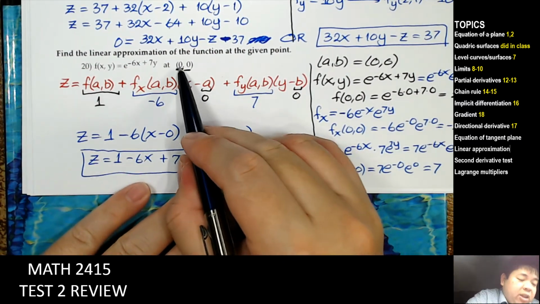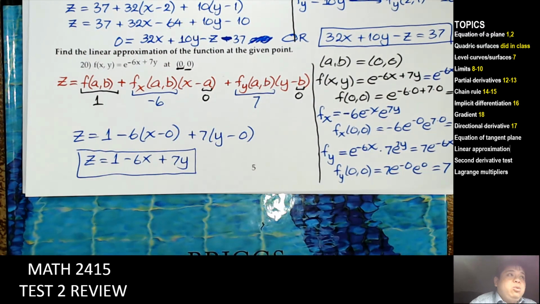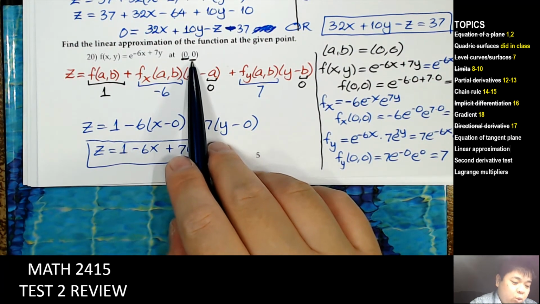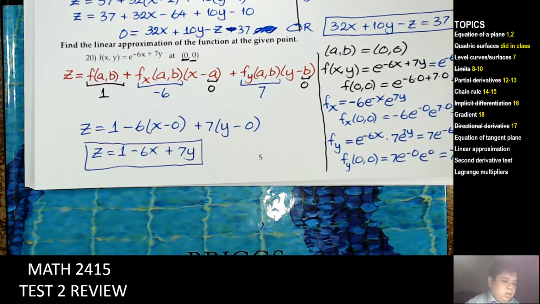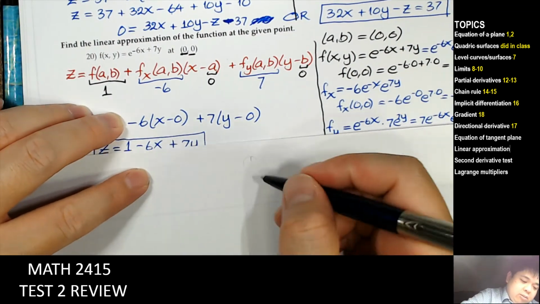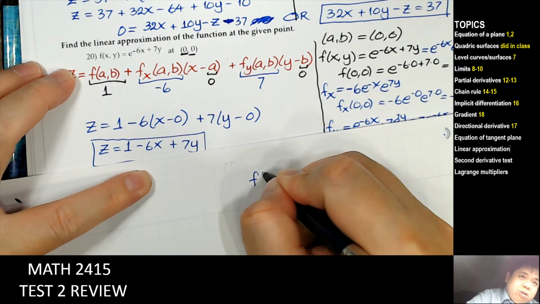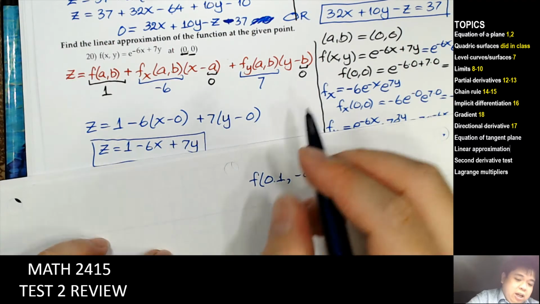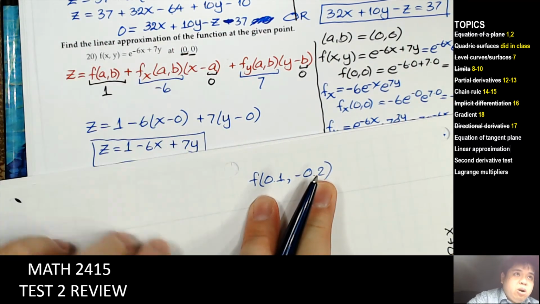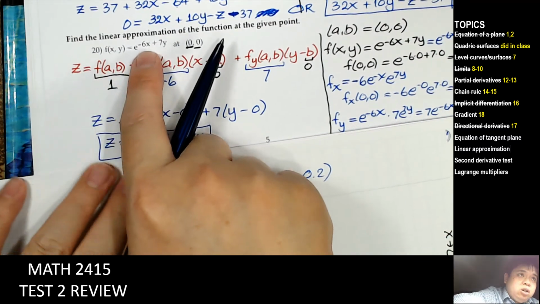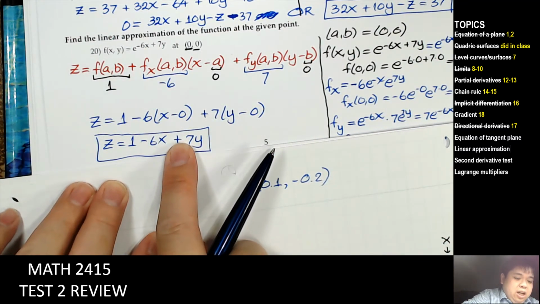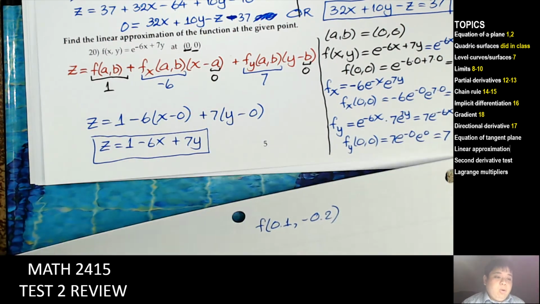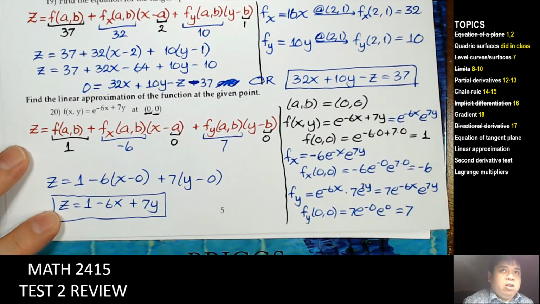Now if we have a point close to 0 and 0, for example x equal to 0.01 and y equal to negative 0.1, put in here and we have the values of the function. For example, if we want to evaluate the value of the function at 0.1, negative 0.2, for instance, if the numbers here are close to 0 and 0, instead of putting in this function, we can just put in this equation of a plane, and that gives us a better approximation of the values of the function.